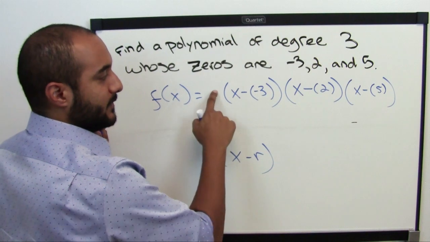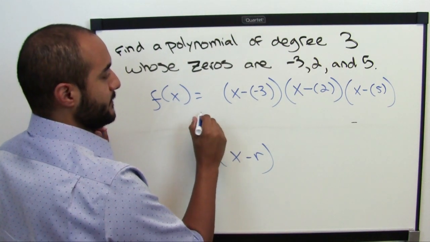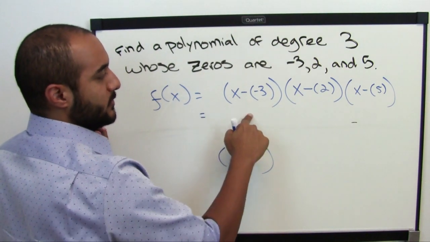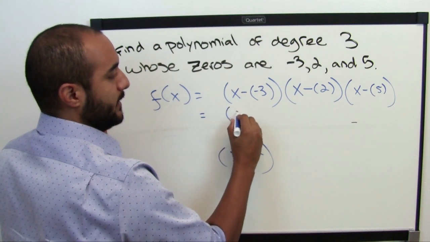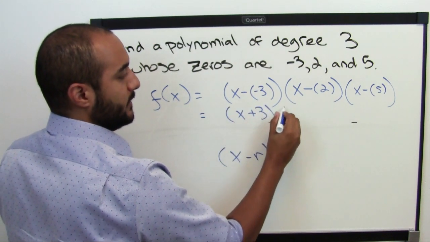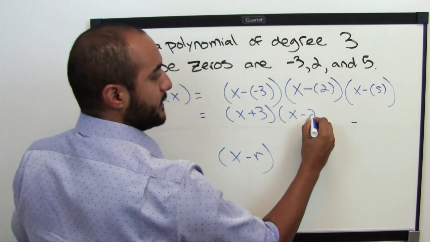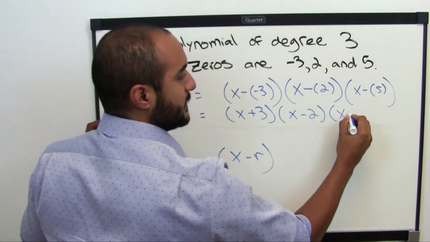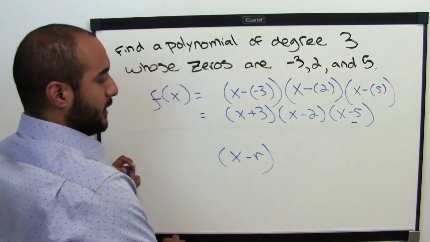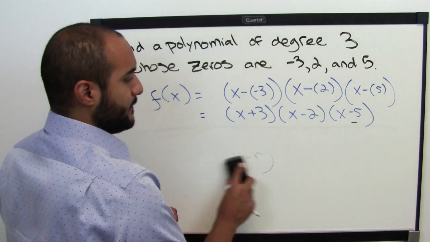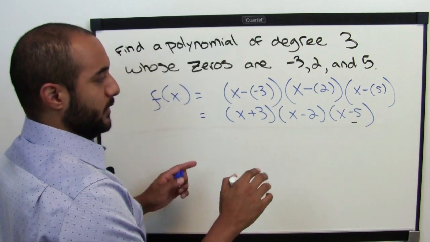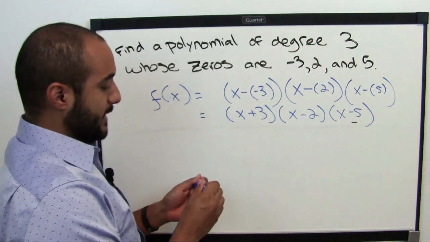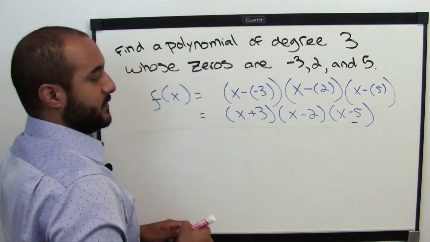And notice that I left a little blank spot here. I'll get to that in a second. So simplifying this, I just get x plus 3 times x minus 2 times x minus 5. Notice that if I try to look for my zeros like I did before, I would have to split this up, right?